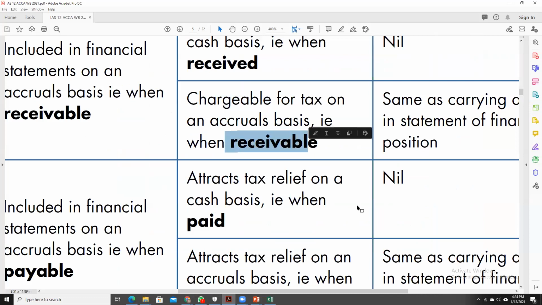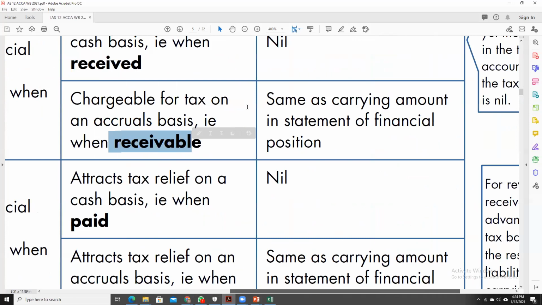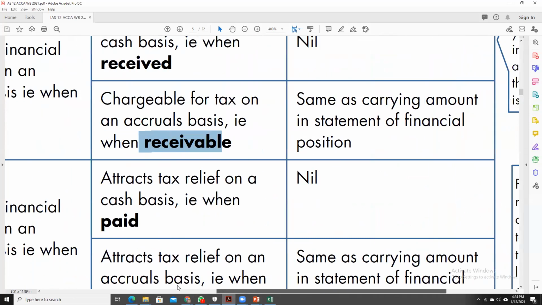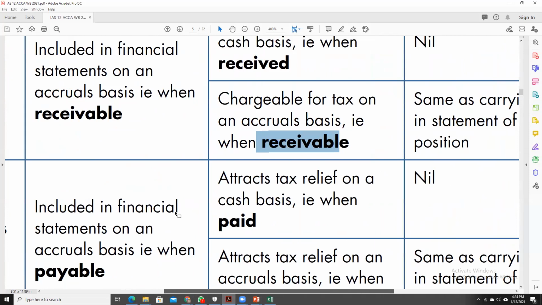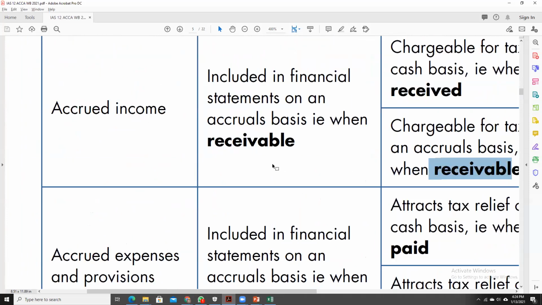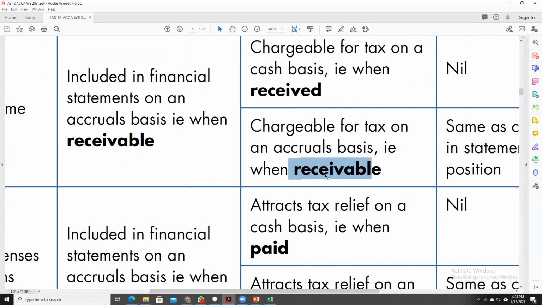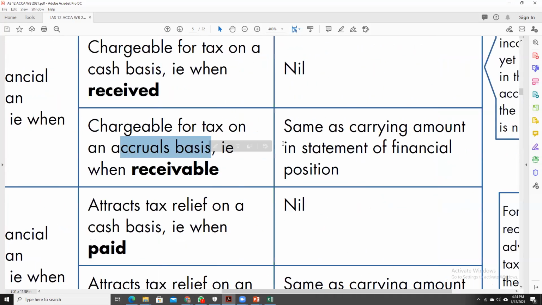It's a receivable, then the tax base is the same as the carrying amount in the financial statement. For tax purposes the government has allowed us to deduct on accrual basis. There is no difference between carrying amount and tax base.